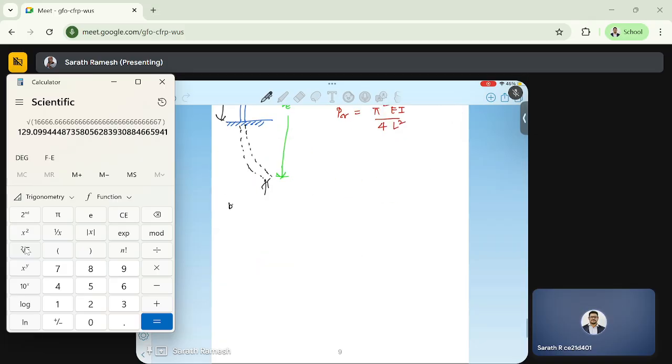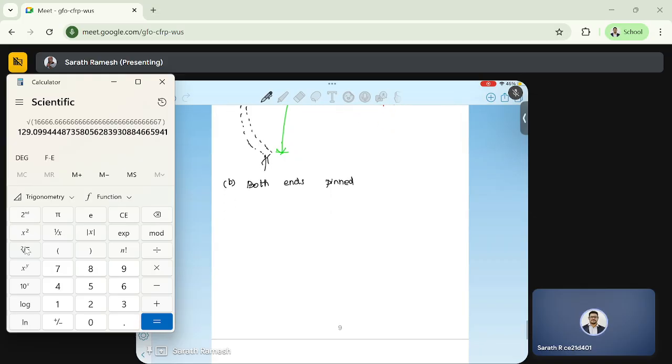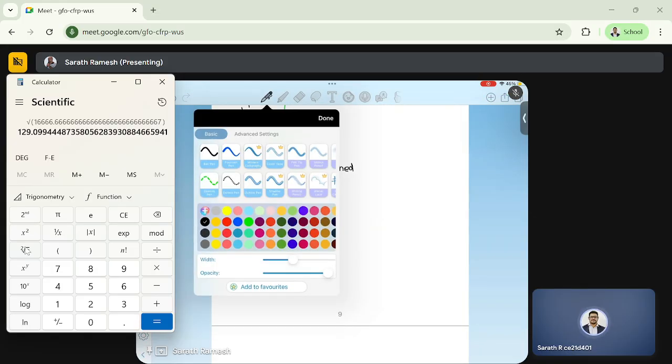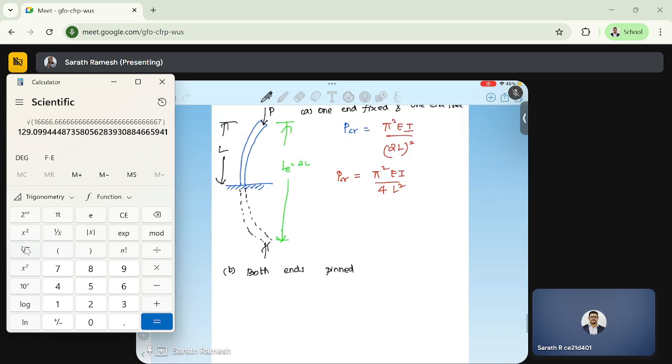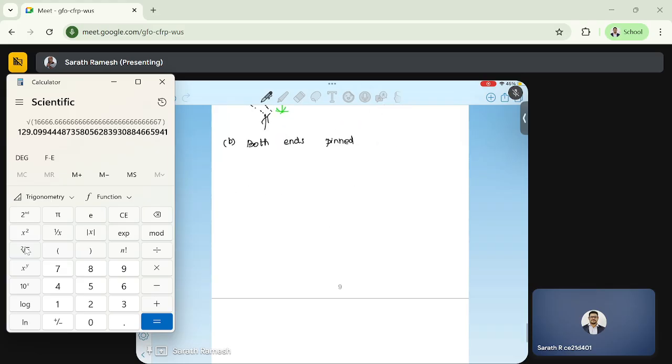Second boundary condition would be both ends pinned. For example, if I have a column like this, it's also pinned, and here it's pinned.